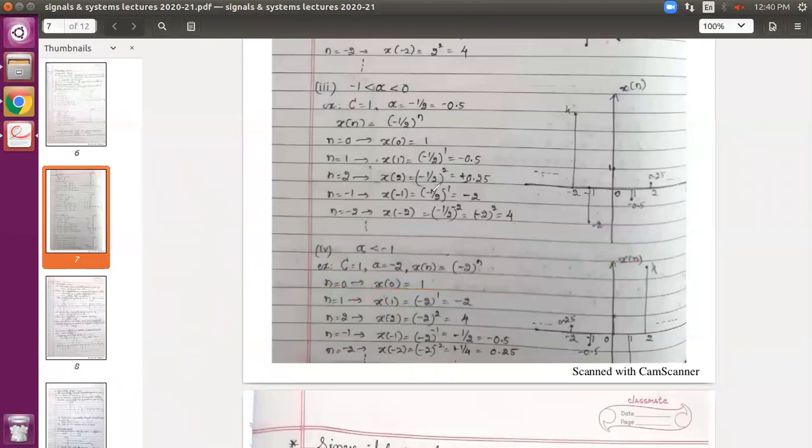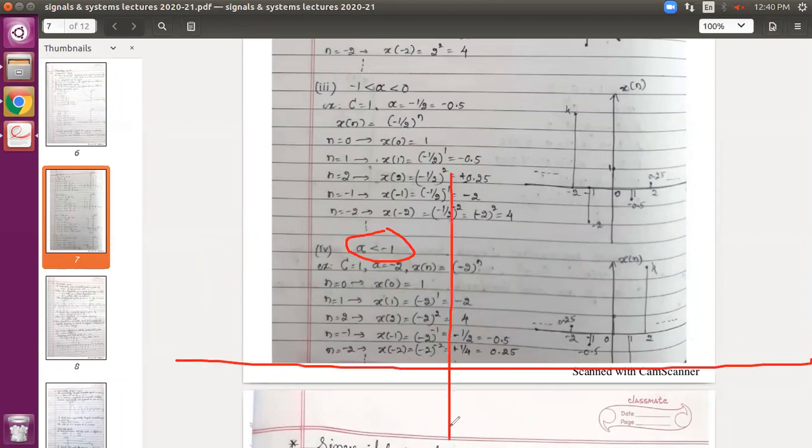And check for the fourth case, when you take less than minus 1, I have taken it for minus 2. The similar kind of figure you will get, it's a reflection. Something like this. Smaller value, bigger value.